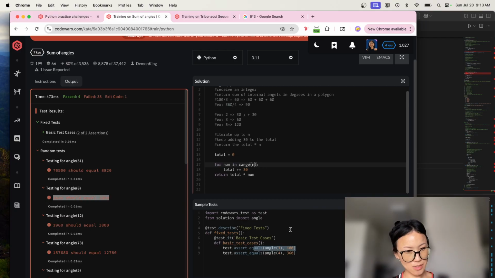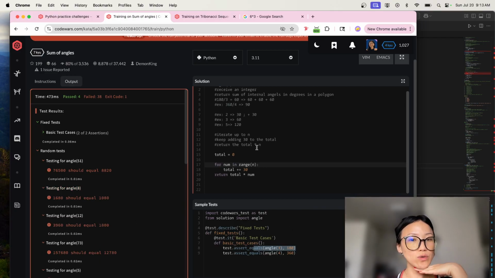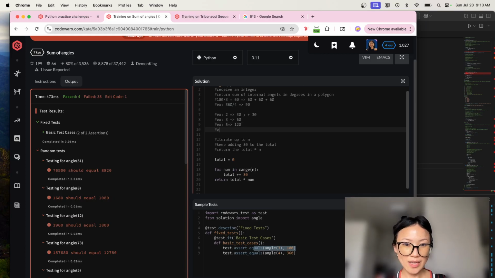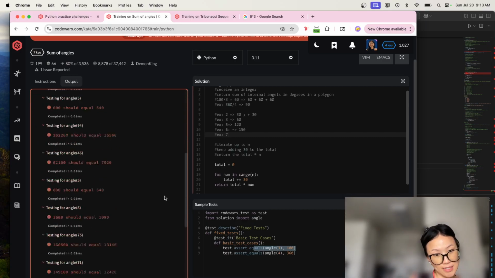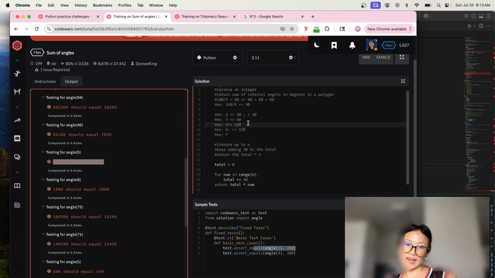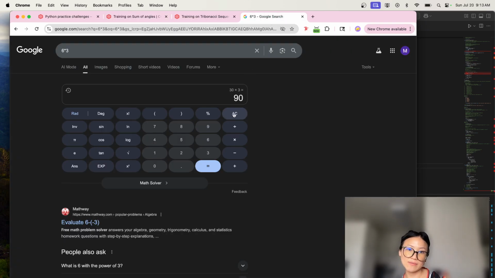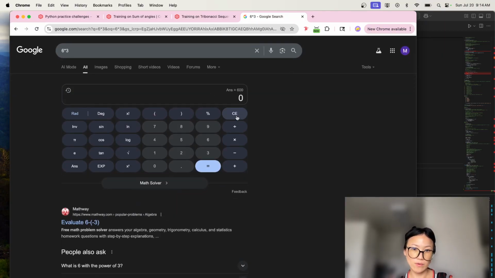N. 1680 should equal, okay, 5, example 6, plus another 30, 150, example 7, okay, so 5 should equal 140. 5 times 120, 600.